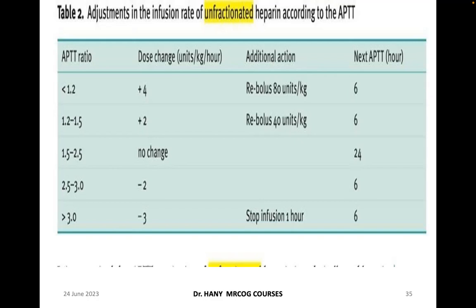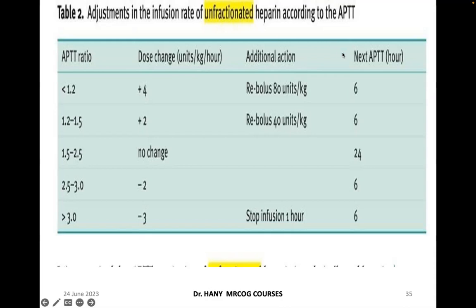Going to normal means I am putting her at risk of thrombosis, so I will need to increase the dose. I will add 4 units per kg per hour. If the woman is 70 kg, I will add 4 multiplied by 70, which is 280 units per hour infusion in a syringe pump.